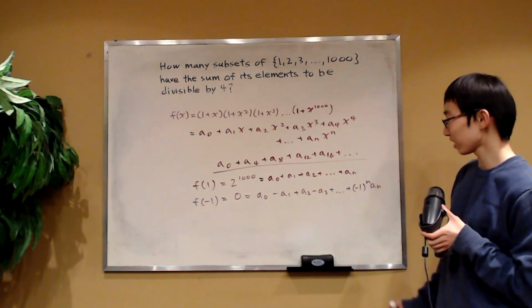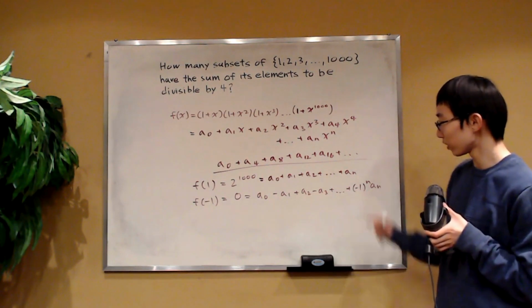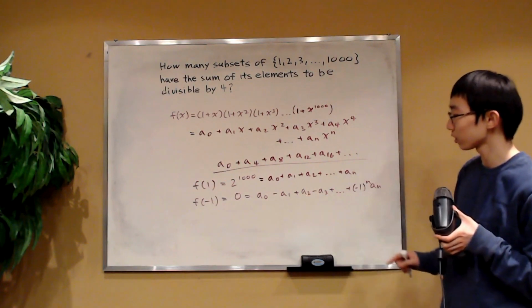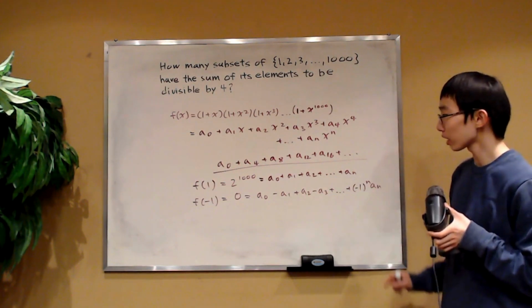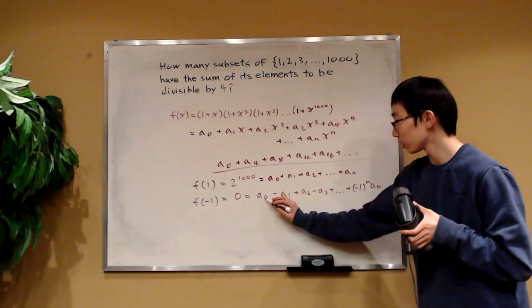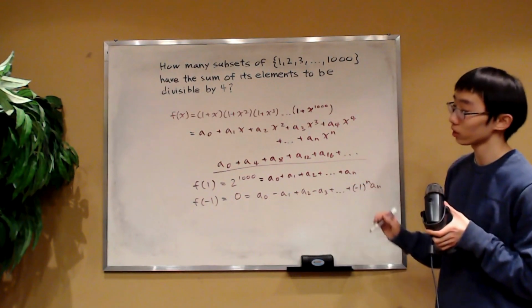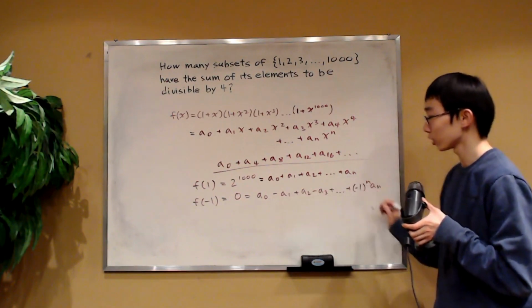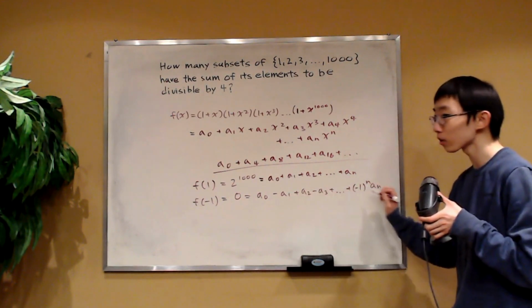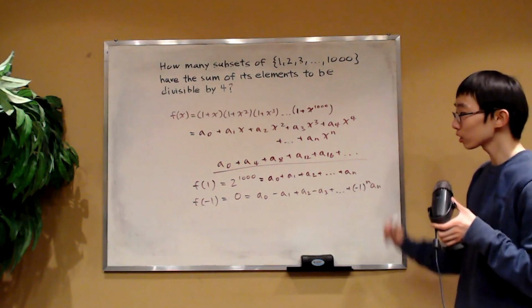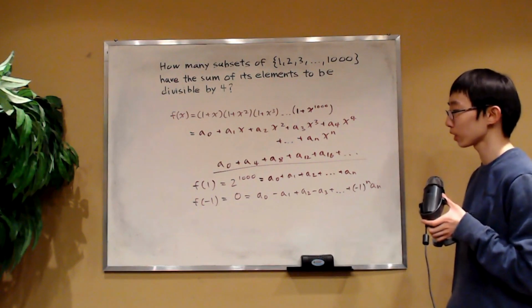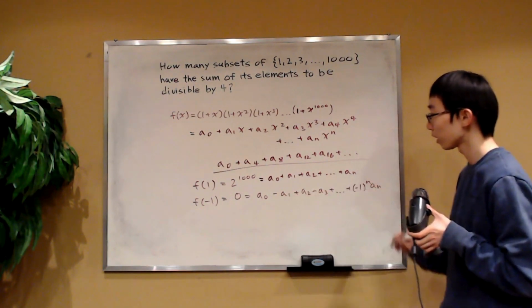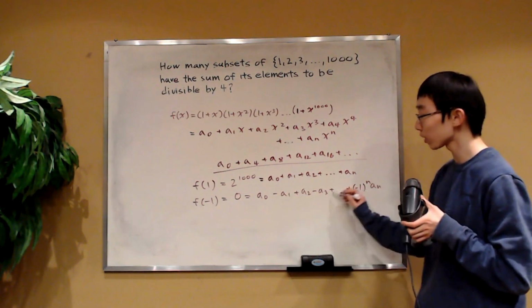Because notice that if the index is even, then it's going to be a positive, right? If it's odd, then it's going to be negative, right? And notice that this alternating sum, the sum of the even coefficients minus the sum of the odd coefficients, this turns out to be 0. And this is telling us that there are an equal number of subsets which give you an even sum as the subsets which give you an odd sum.